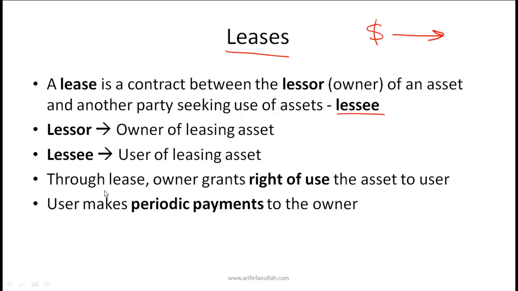And essentially, through the lease, which is a contract, the owner grants the right of use of the asset to the user, and the user then makes periodic payments to the owner.